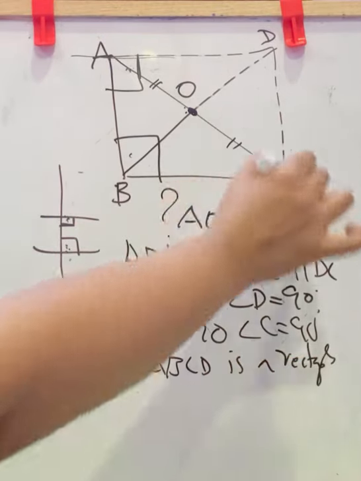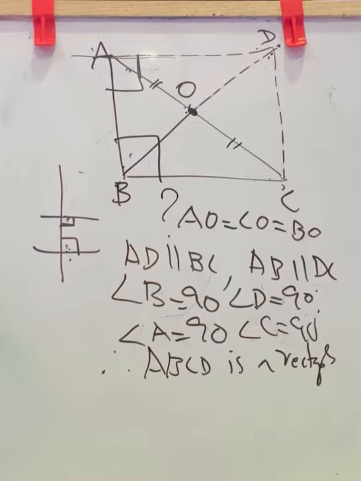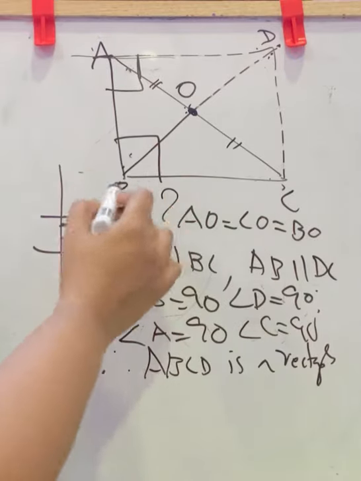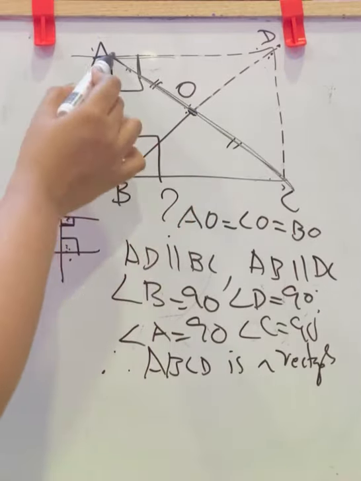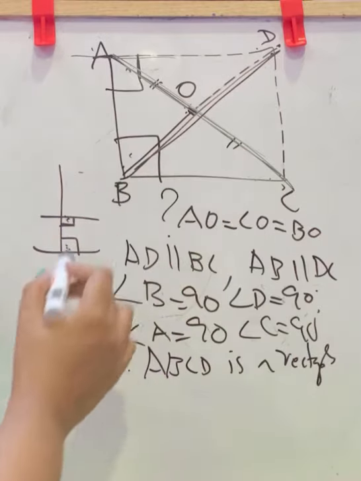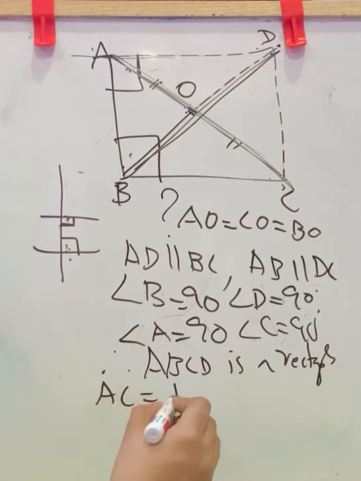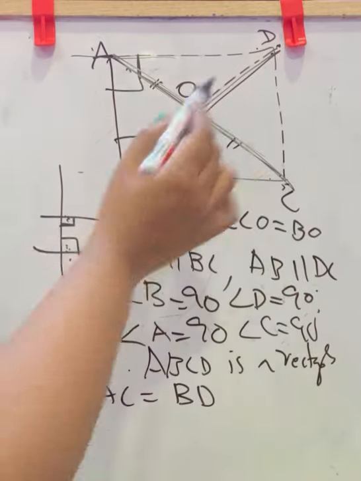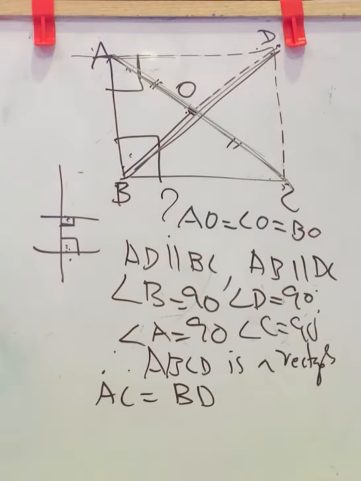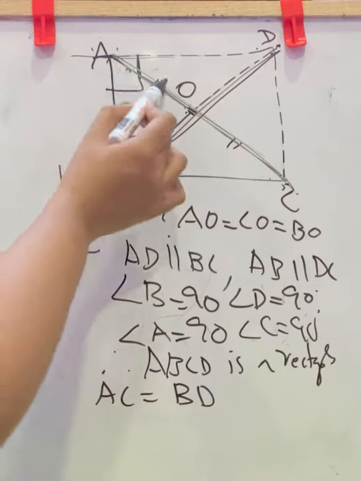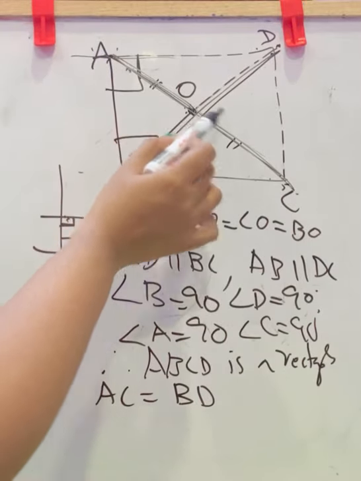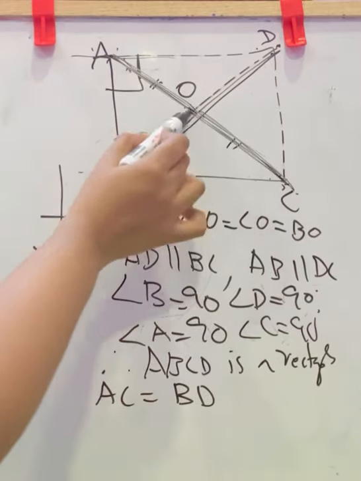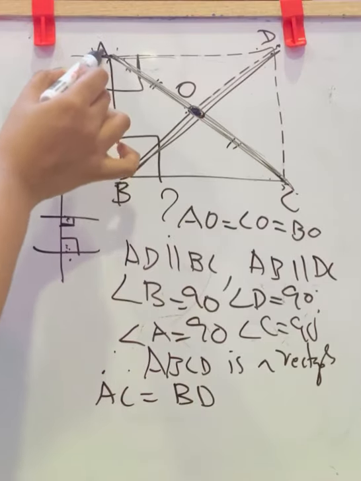It is a rectangle, so we have a property for a rectangle, that its diagonals are equal in length. AC will be equal to BD. These are the diagonals. AC is one diagonal, BD is another diagonal. Their lengths are equal. We know AC means AO plus CO. Both these lengths added together give AC.